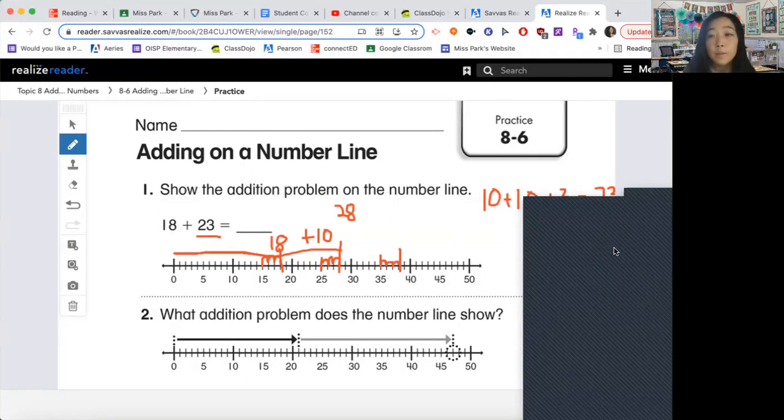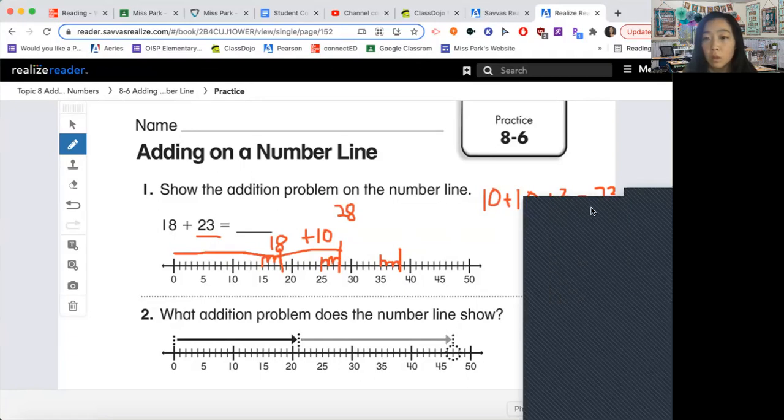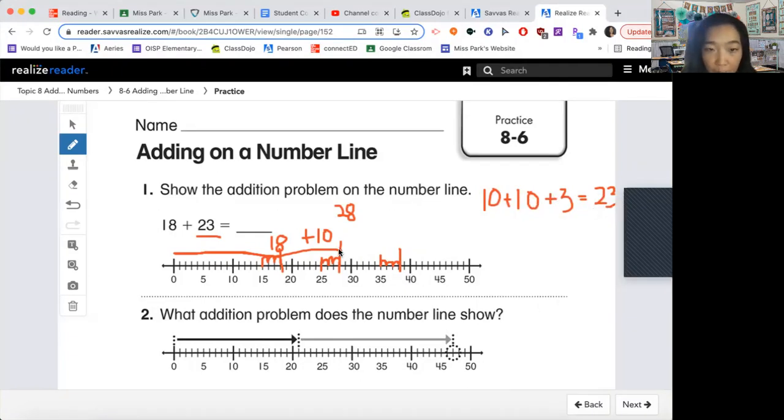So here, I am going to drag my line all the way to this next number, which is 38. Now, we've done 10. We've done the other 10. The next one we're going to do is add 3 now.